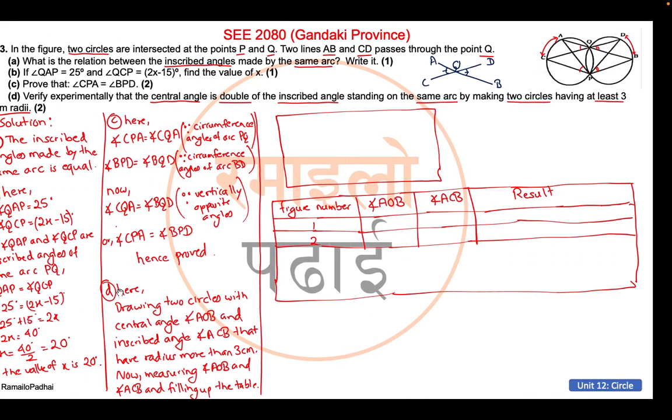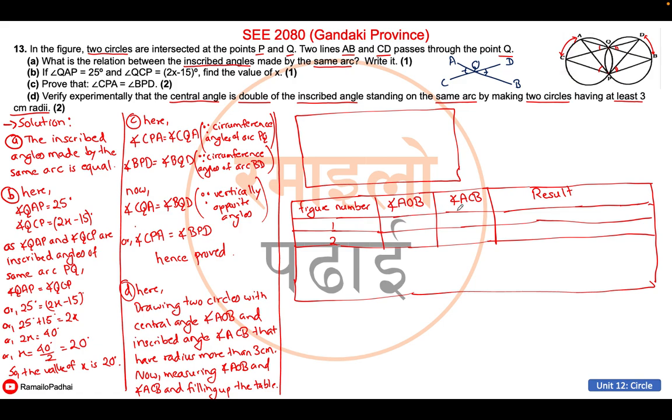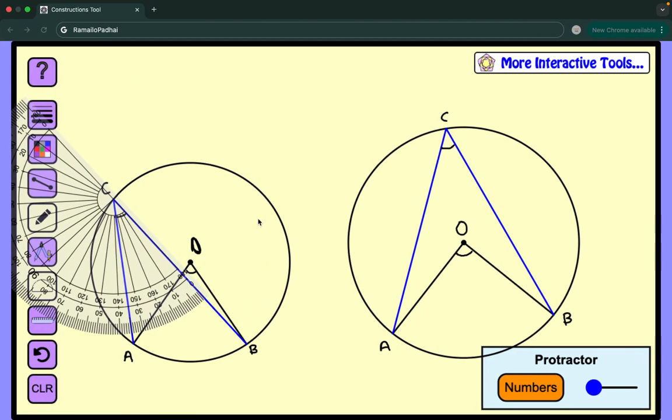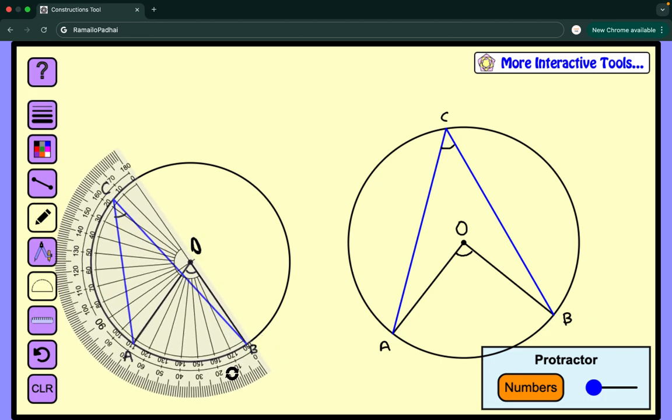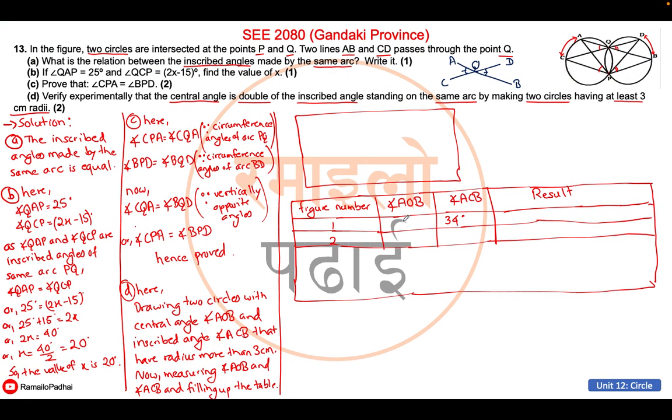So we will write 34 degrees. ACB of the first figure is 34 degrees, and doubling that it will be 68 degrees. Okay, let me see if I can measure this. So it should be somewhere here. Okay, 68 degrees. We are clever as well.